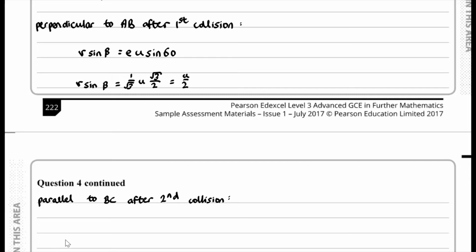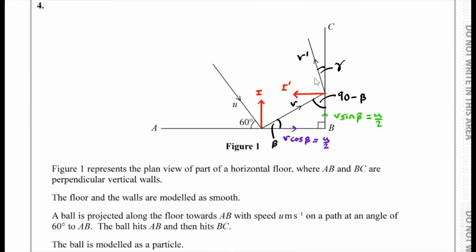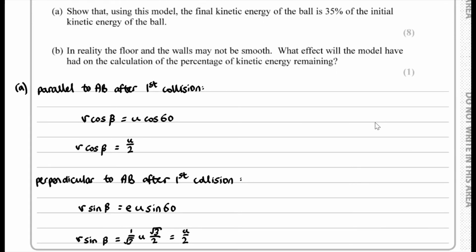you'd find over here we have V dash cos gamma. Okay, so remember here we have an angle of gamma and the speed over here V dash, and this is equal to V cos of 90 minus beta.